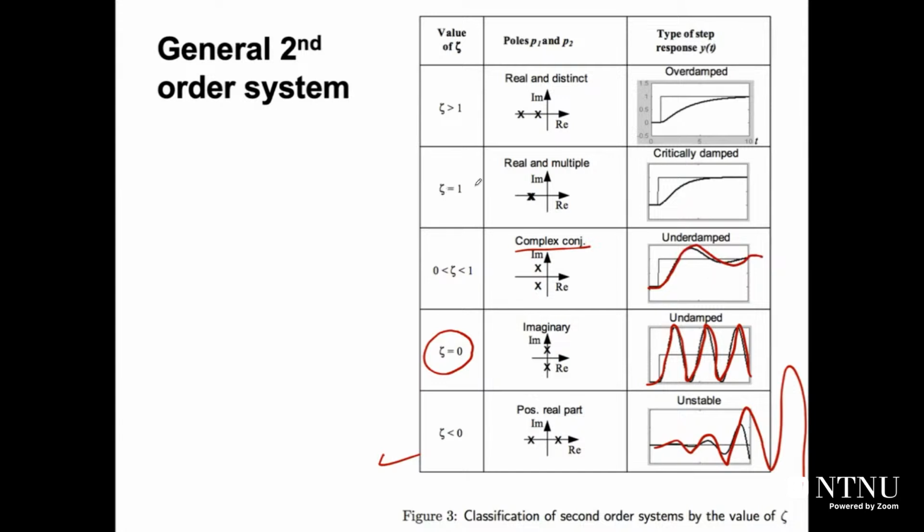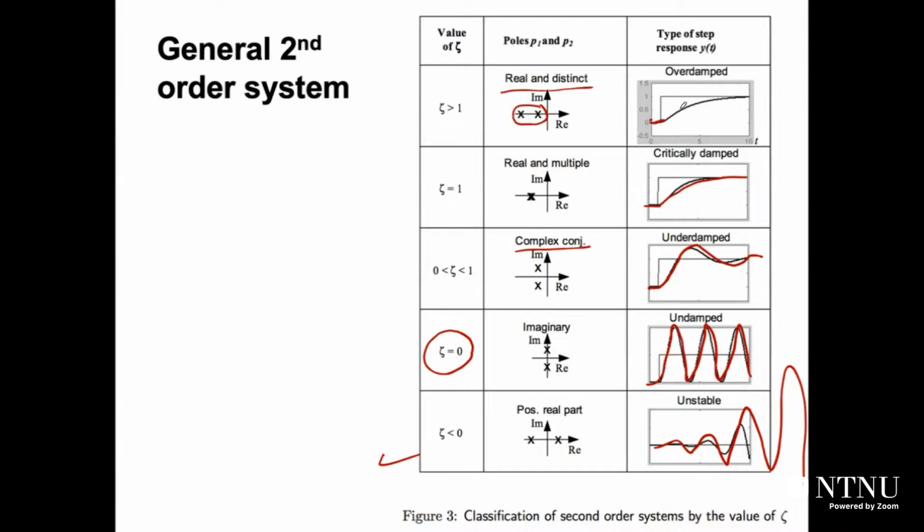When zeta equals 1, your poles will be real and repeated, and in this case, it will be critically damped. When zeta is greater than 1, it will be overdamped, real and distinct. You will have two poles which are real and distinct, and in this case, your system will be overdamped.